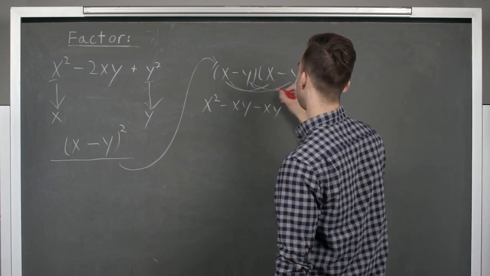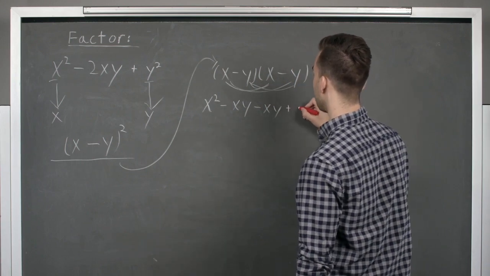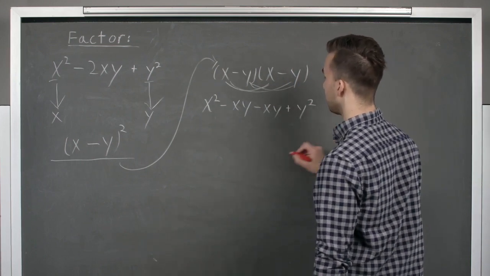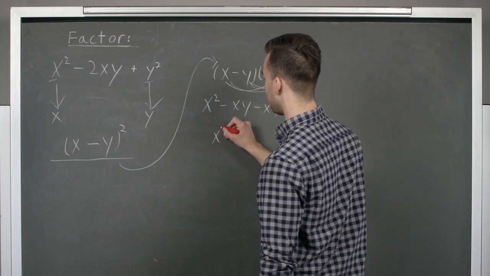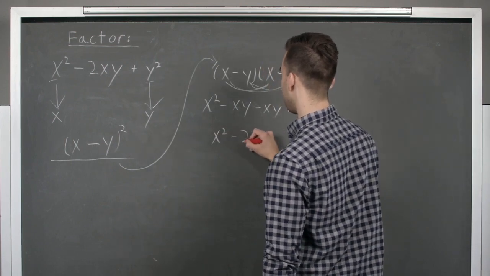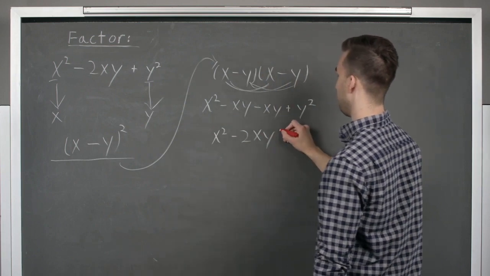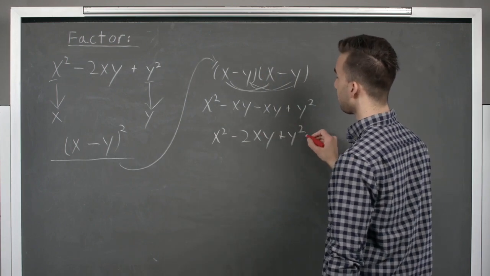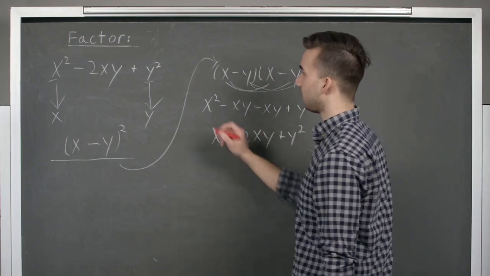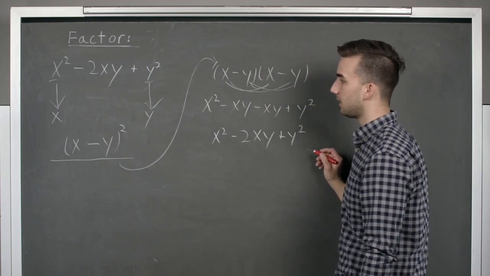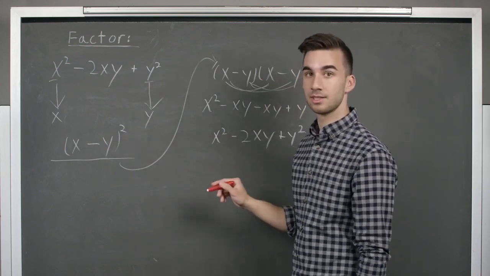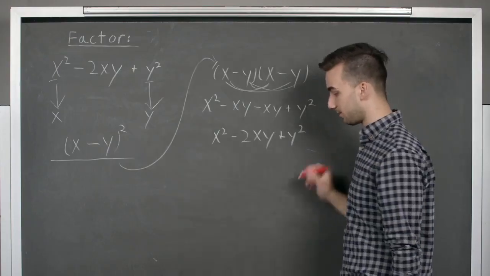And then negative y times negative y gives us a positive y squared. Let's combine like terms: x squared minus 2xy plus y squared. That gave us the original expression, so we know that our factoring worked. But let's go ahead and do some more examples.